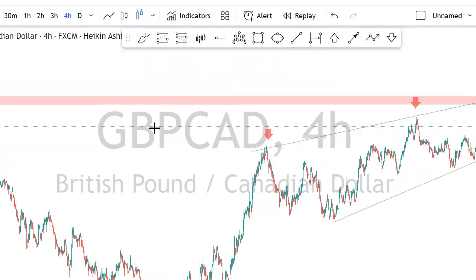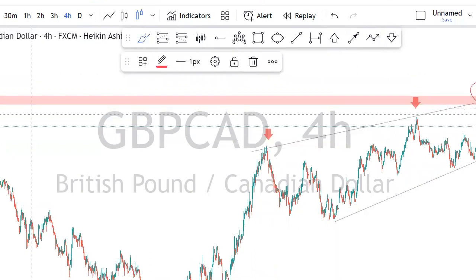And just look how the price got to this second leg of this double top.